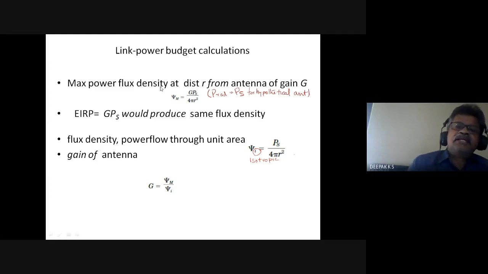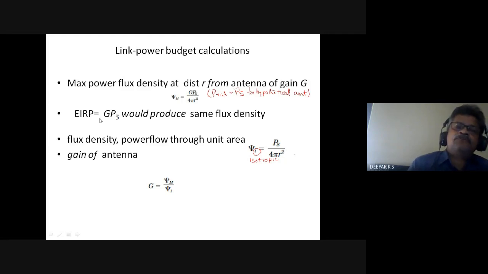So we defined a gain G, which is the flux density relative to an isotropic radiator which is generating this flux, whereas the flux density from a directional antenna has some gain.